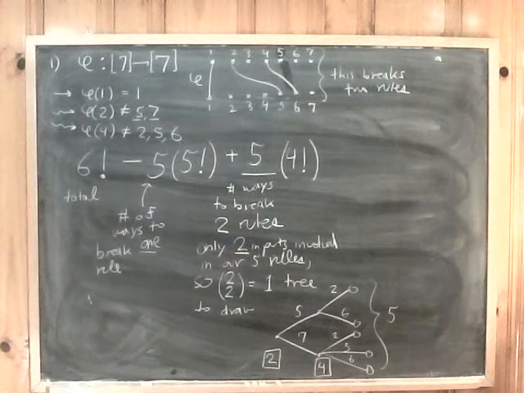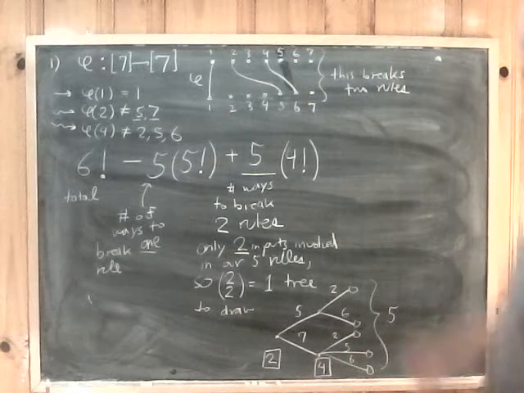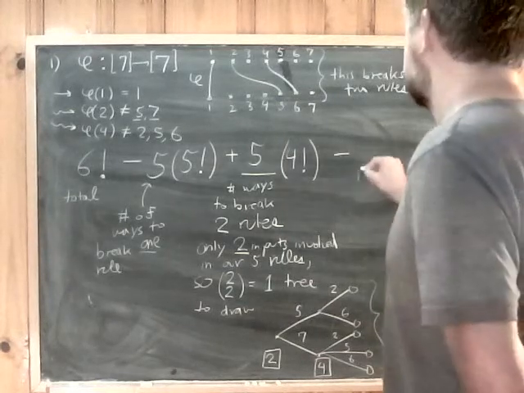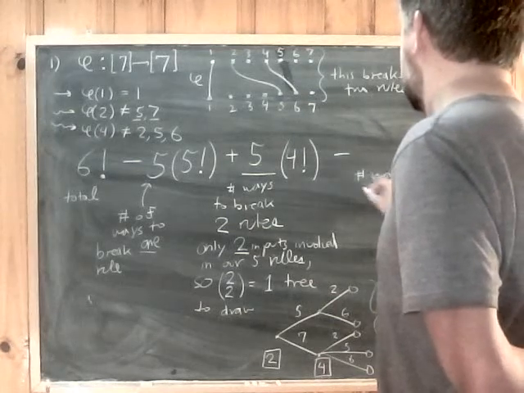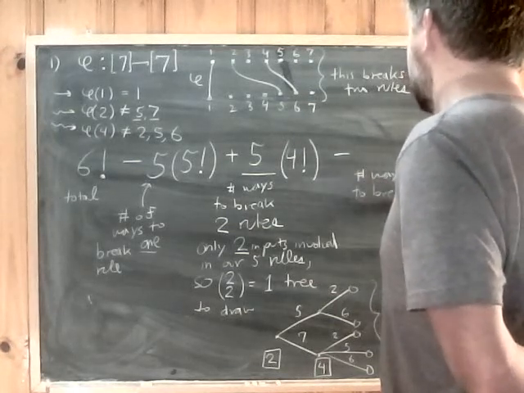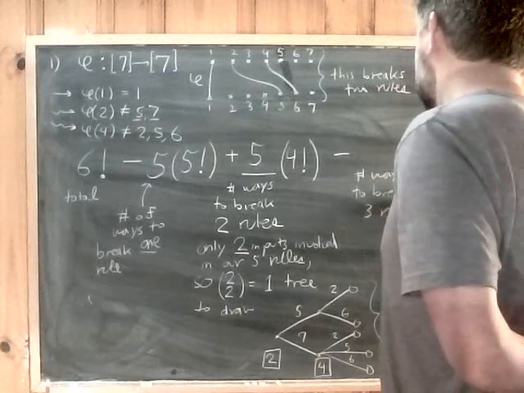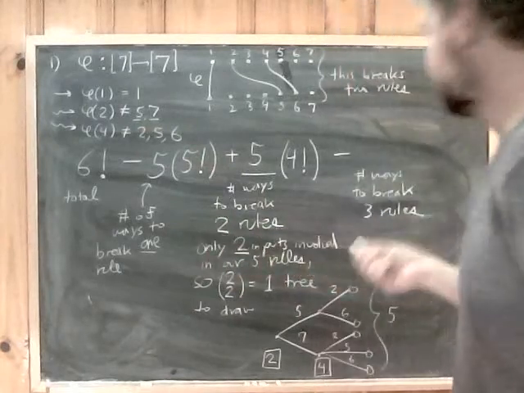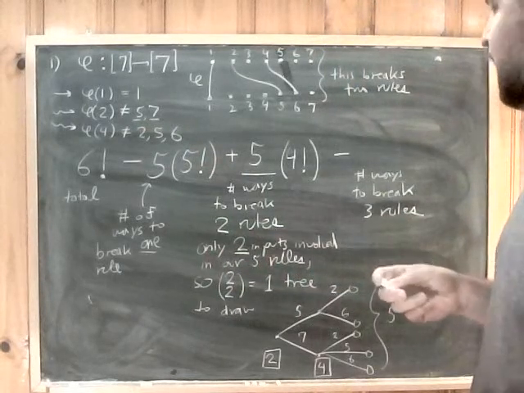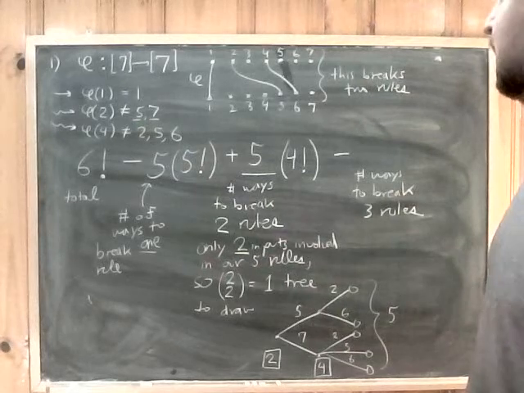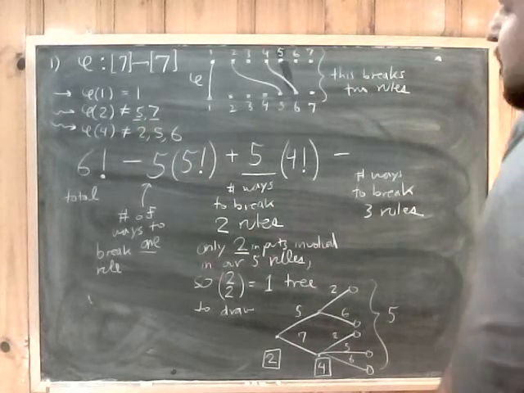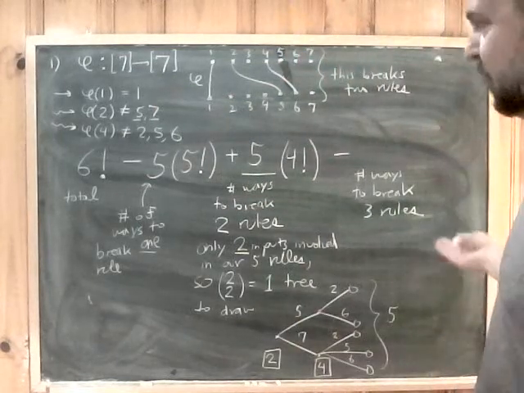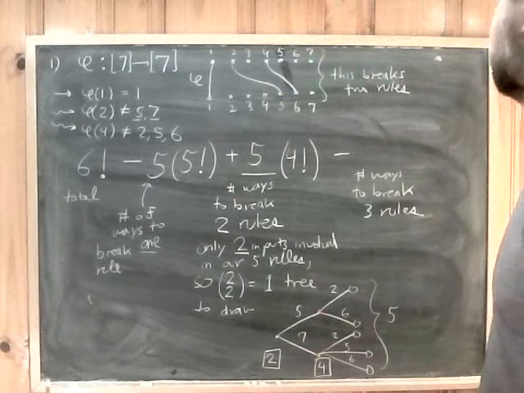Alright, then I should think about minusing the number of ways to break 3 rules. But we already said there's no way to do that. I only have 2 inputs that have requirements or rules that it can't break. And there's no way to pick 3 of them because there's only 2. You can't pick 2 of the three outputs because then I'll be forced to use 2 of them from 1 input.